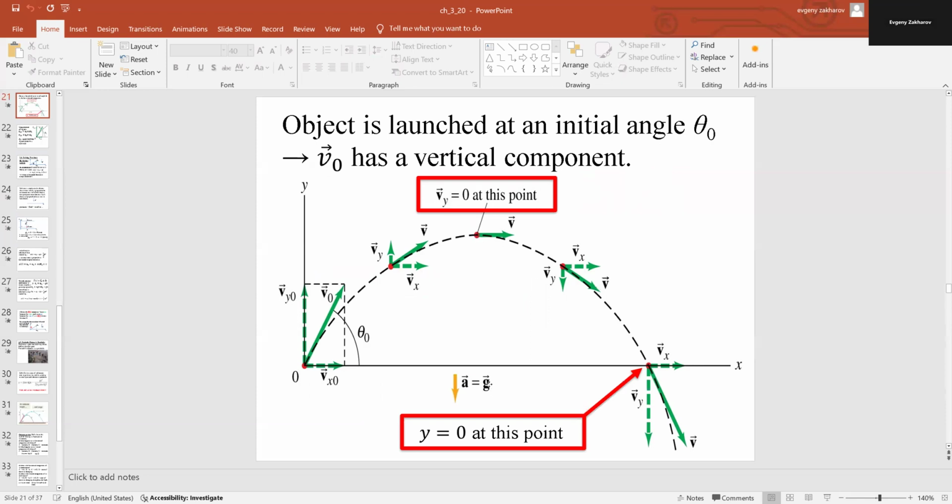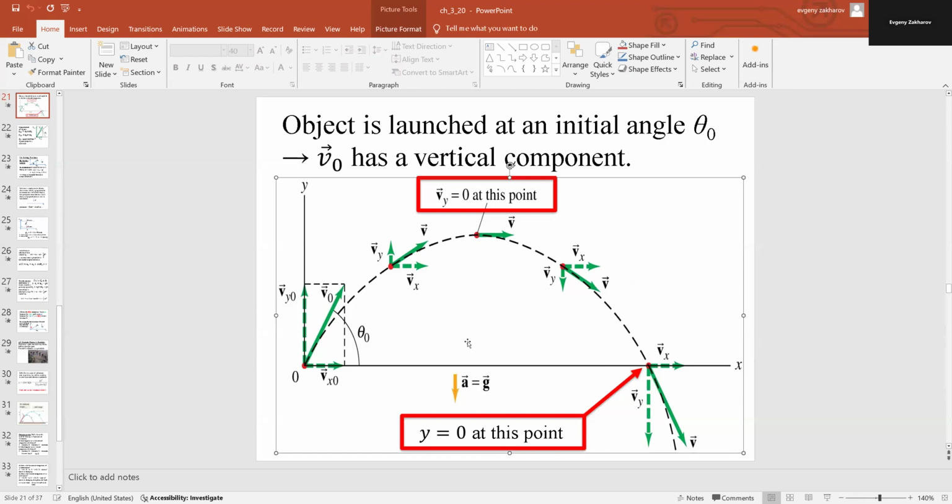But acceleration is still the free fall. Acceleration is the change in velocity. Remember that acceleration has nothing to do with velocity by itself. It's the change in velocity. And there's always a change.